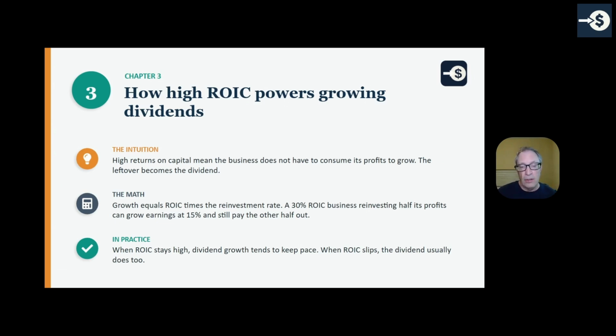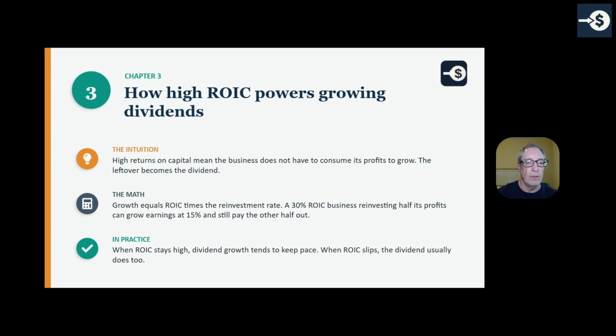So this is where looking at high ROIC companies can really give you a clue of how much the company is going to continue to grow its dividend and how much room they have to continue to grow. And that's why high ROIC companies are fantastic ones to look for when you're trying to screen for dividend companies. It looks beyond the yield that we would want.